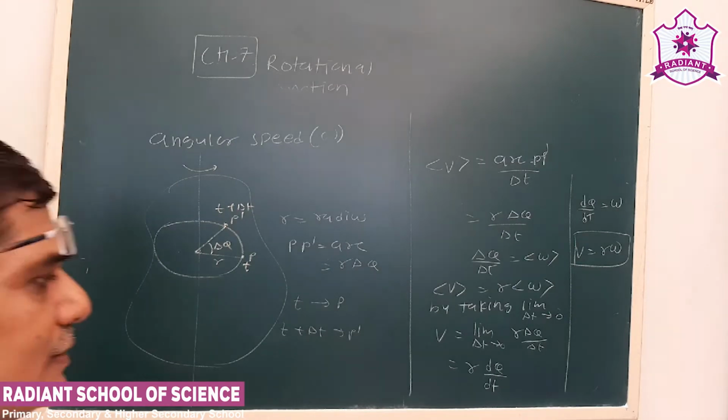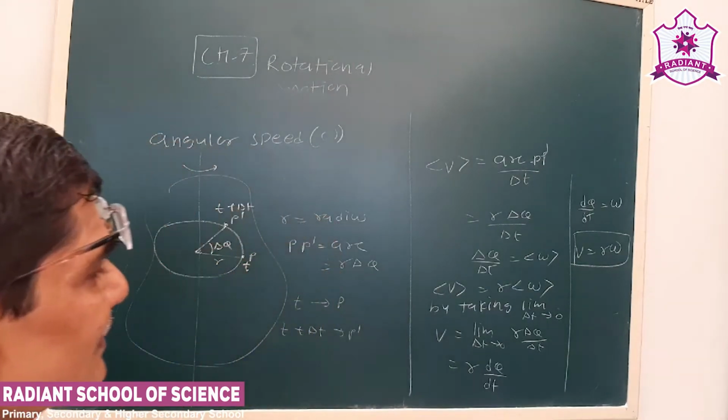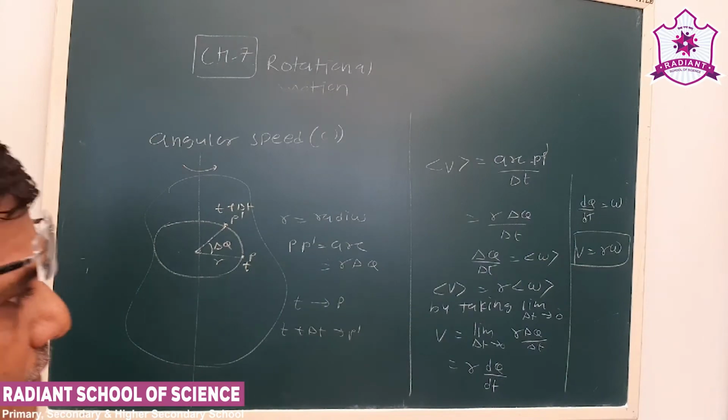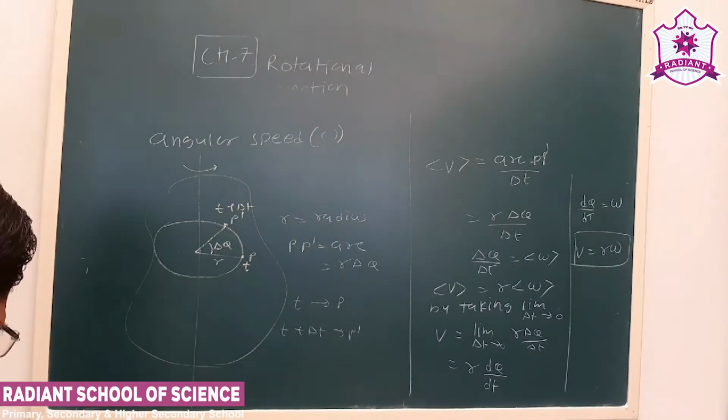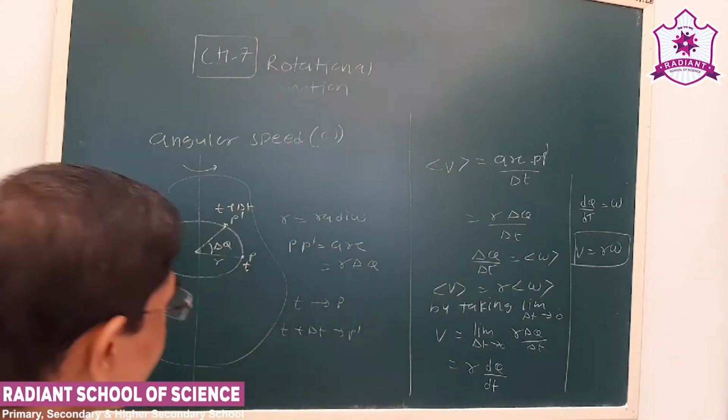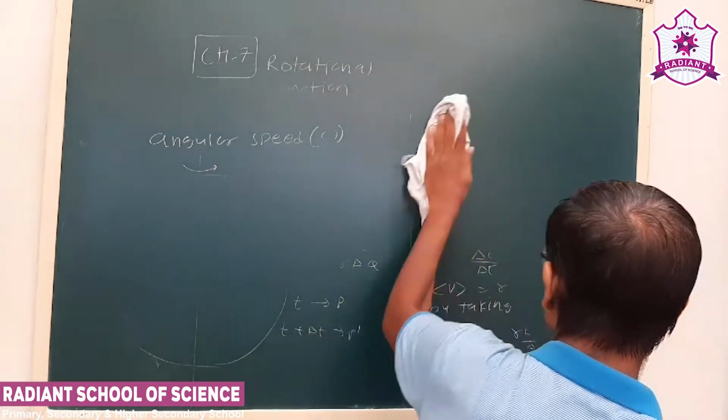So the angular speed is given as d theta by dt, and the scalar relation between linear speed and angular speed is v is equal to r omega. Next we have to see the angular velocity.